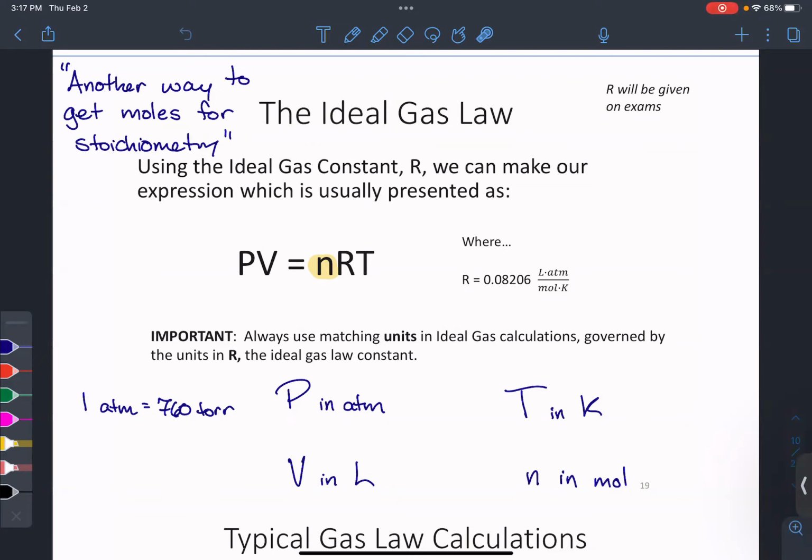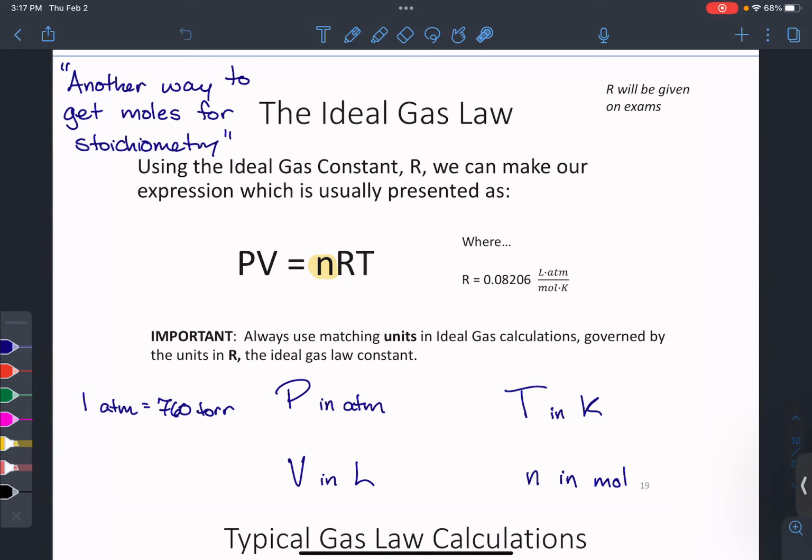So to properly use these equations, we need to massage the numbers before we put them in: pressure in atm, volume in liters, temperature in Kelvin. Then when we use this R, we get n moles back out. There's also a conversion we'll look at with pressures.